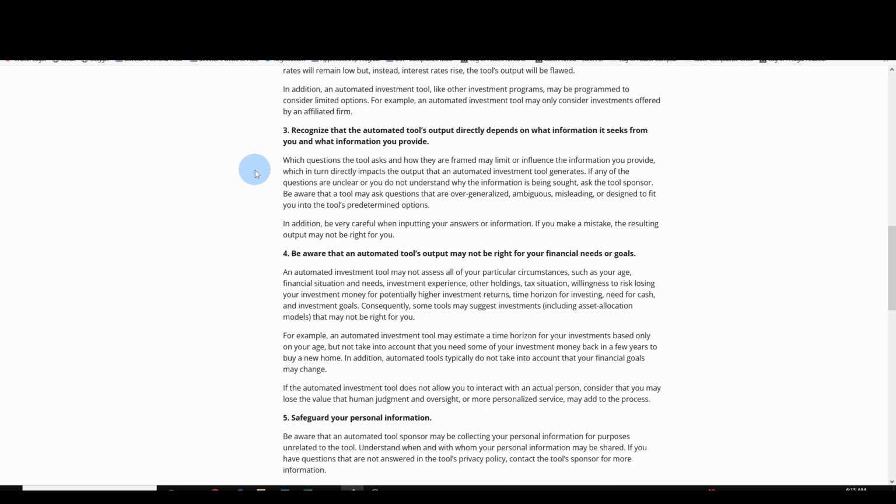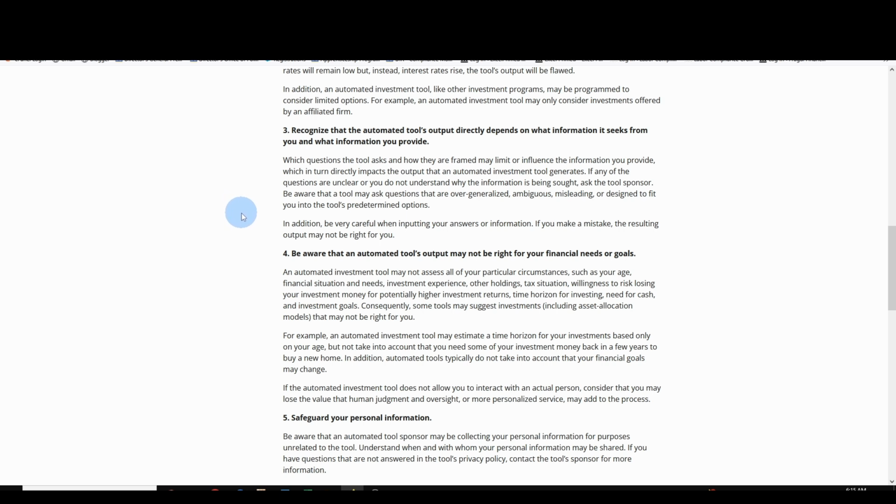Which questions the tool asks and how they are framed may limit or influence the information you provide, which in turn directly impacts the output that an automated investment tool generates. If any of the questions are unclear or you do not understand why the information is being sought, ask the tool sponsor. Be aware that a tool may ask questions that are overgeneralized, ambiguous, misleading, or designed to fit you into the tool's predetermined options.